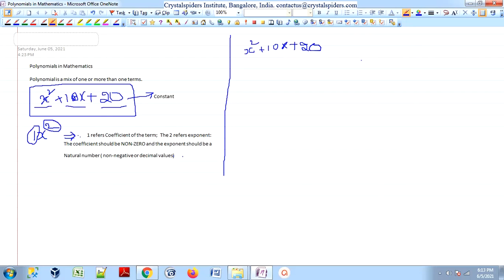I'm going to refer to this polynomial as p of x, which is equal to x square plus 10x plus 20.